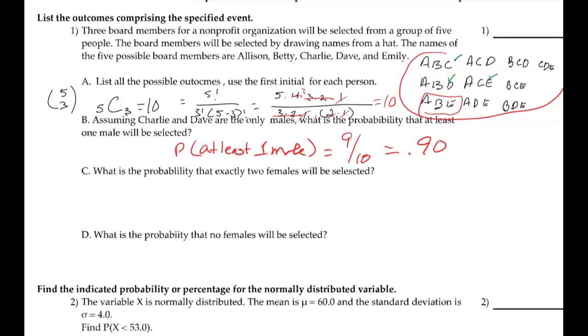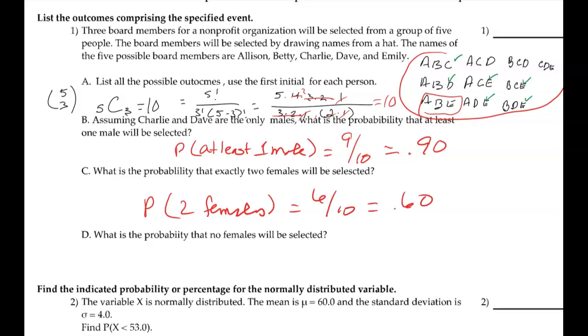There's 2 there. 2 there. 2 there. 2, 3, 4, 5, and 2 on that one should be 6. Yep, I think that's it. So probability of exactly 2 females is 6 out of 10, or 0.60.